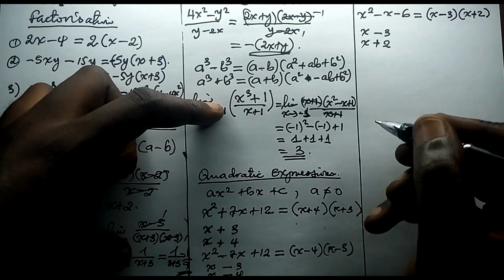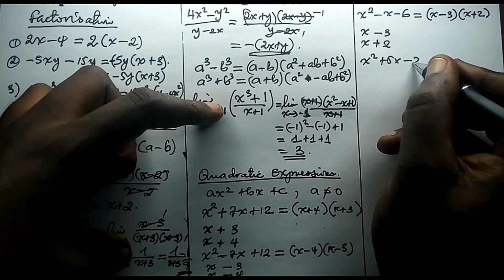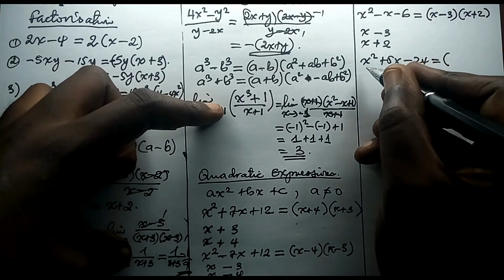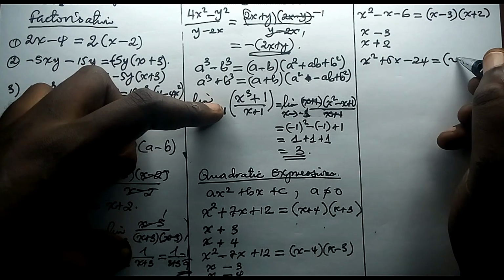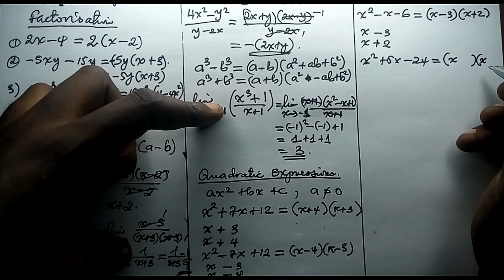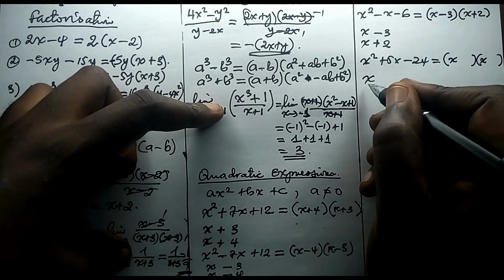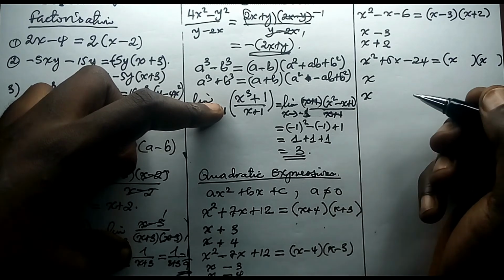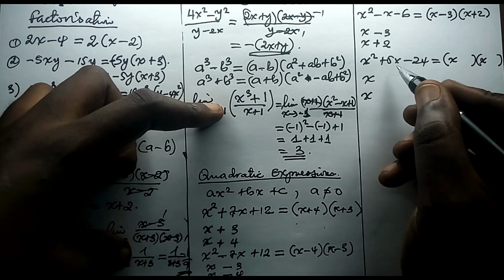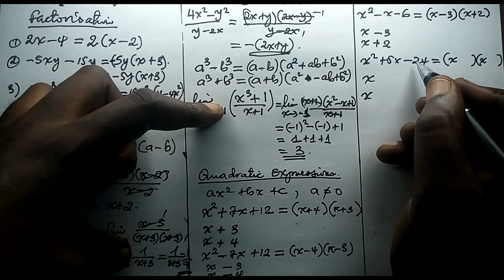In another example, I have x squared plus 5x minus 24. Again, since it's just x squared, the first of the factors will have x and the second will still have x. In rough work, I get x and x, and the factors of 24 with a difference of 5. One of them has to be negative, remember, since 24 is negative.